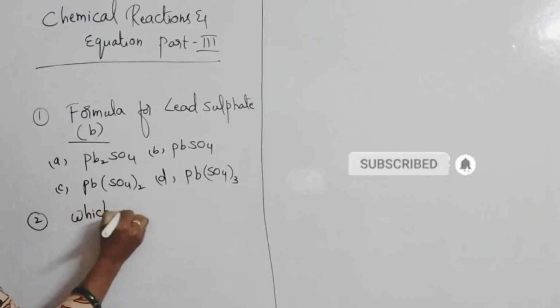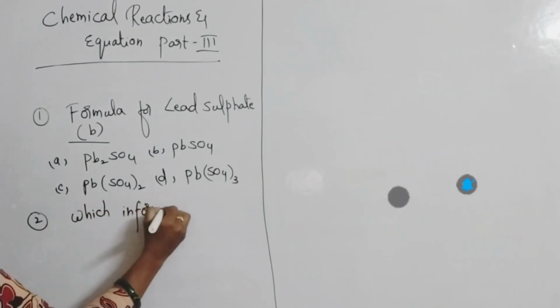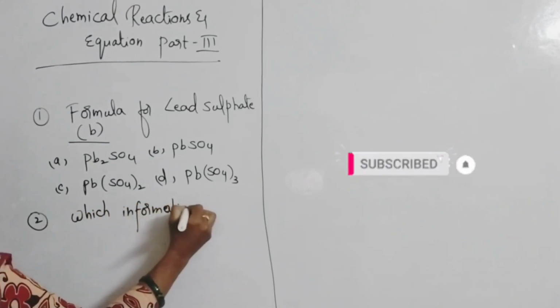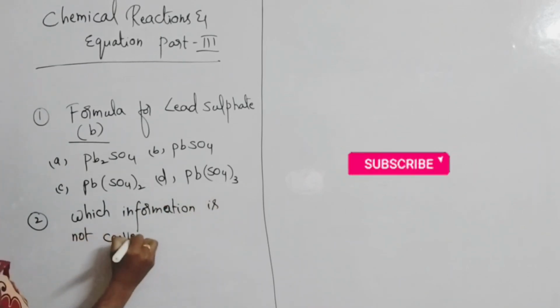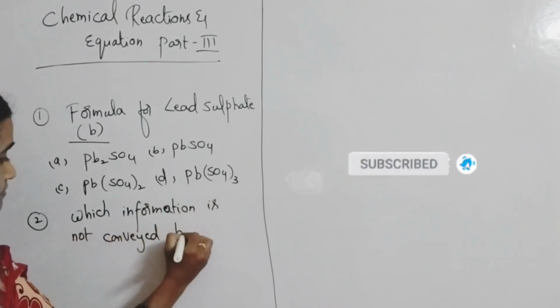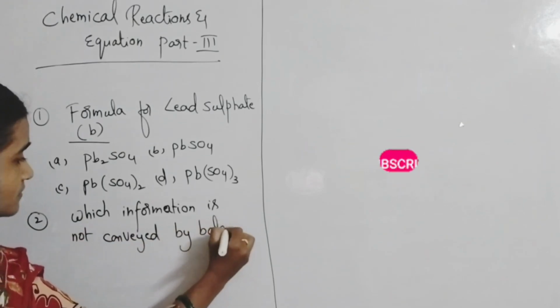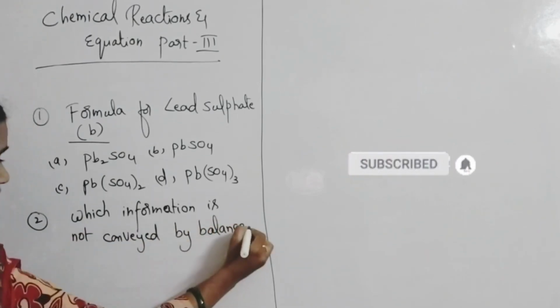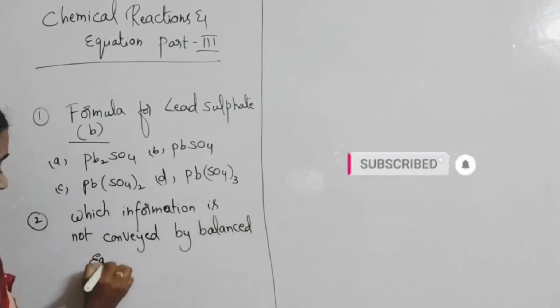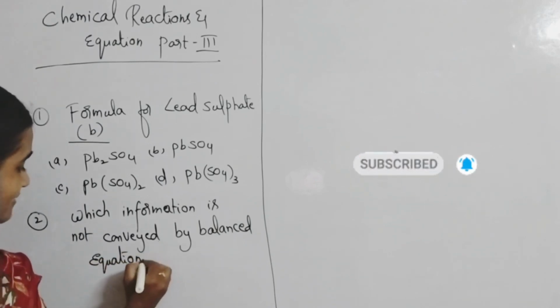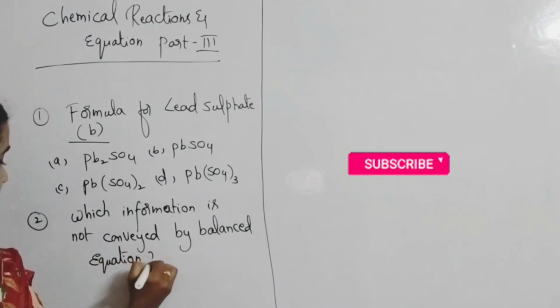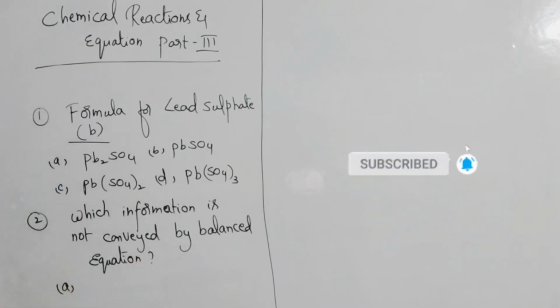Which information is not conveyed by a balanced equation? If you take a balanced equation, what information does it generally convey? It tells you the number of moles of reactants and products. Here options are given like this.